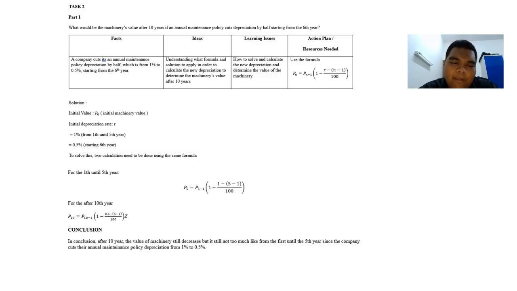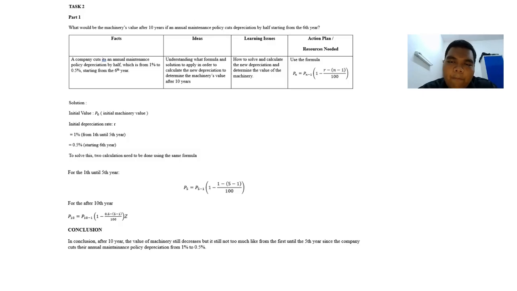The first one is 1% from the first until the 5th year. After the 5th year, which is the 6th year and above, it becomes 0.5% after the company cuts it by half. So to solve this question, we need to do two calculations using the same formula. For the first until the 5th year, we need to use P5, which is the 5th year.